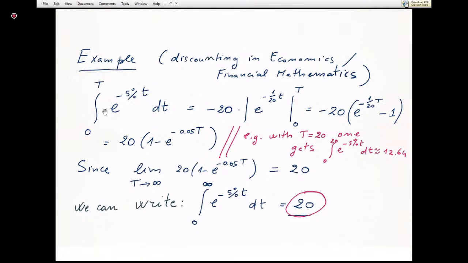If I have 100 here, it's 100 euros per year. But it is uniformly distributed over the year, technically speaking. So if I have 1 euro per year, I have 0.5 euros every 6 months, 0.25 euros every 3 months, and so on and so forth. So this 1 euro per year is uniformly distributed over the year.